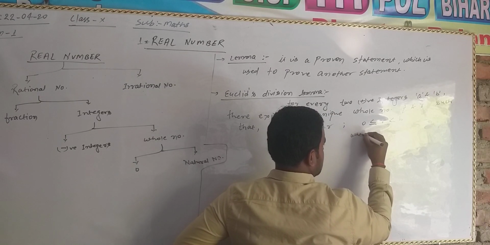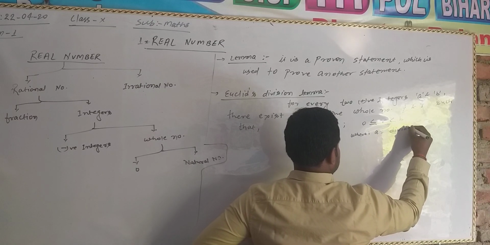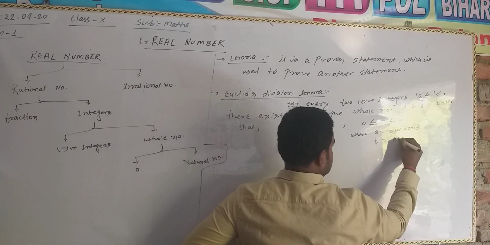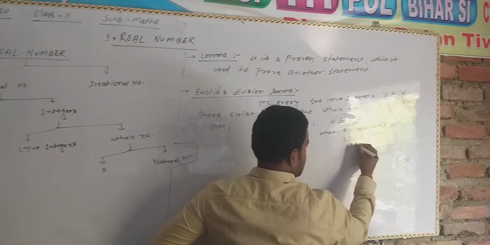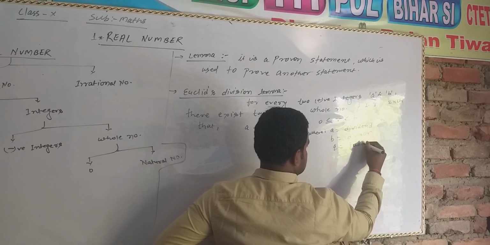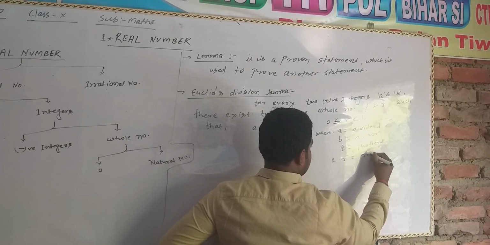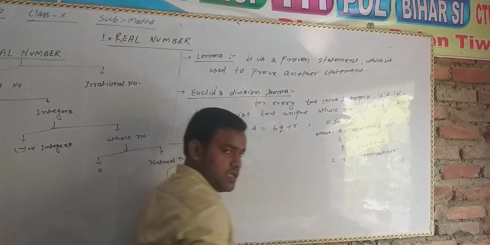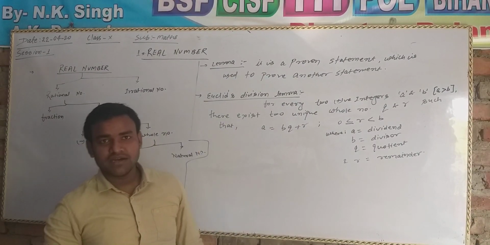Here a is known as the dividend, b as the divisor, q as the quotient, and r as the remainder. What is Euclid's division lemma?